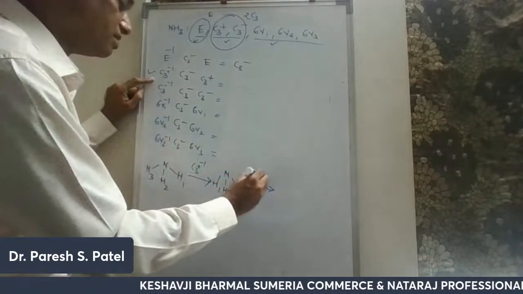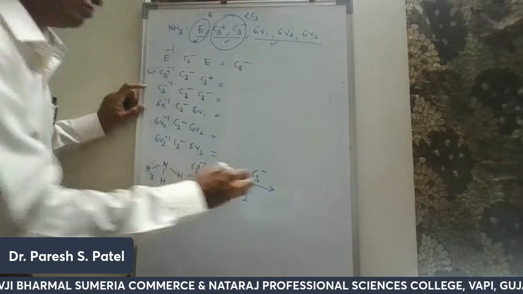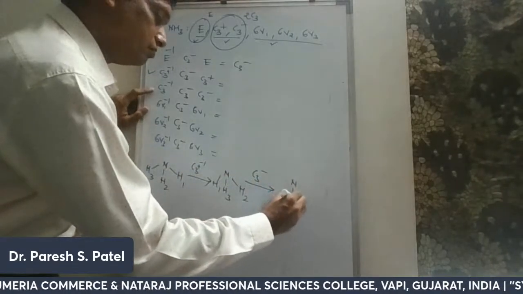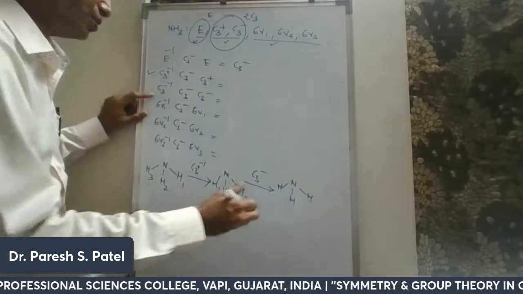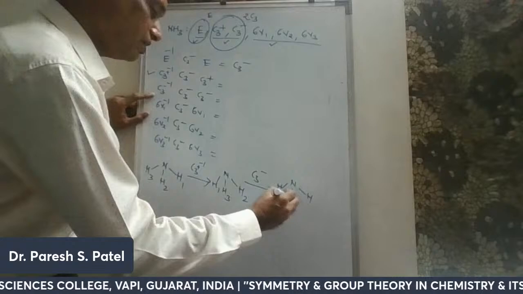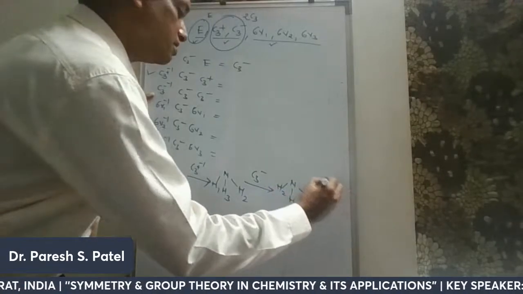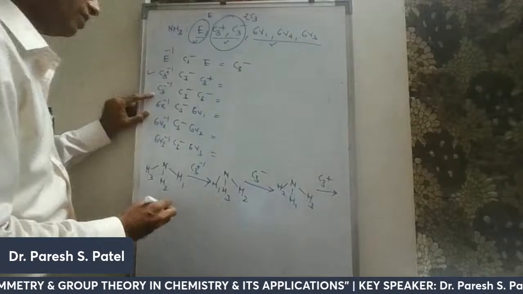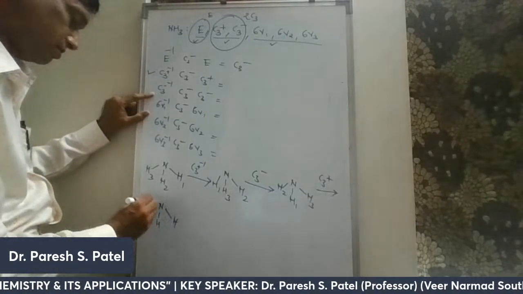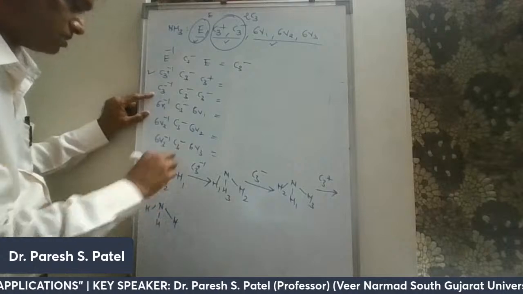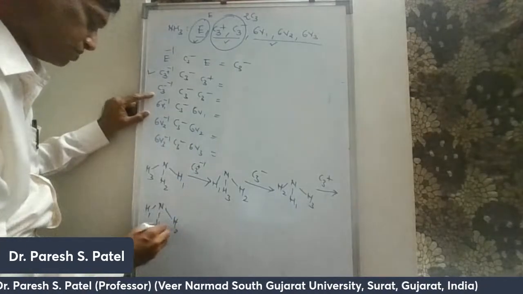Again, C3 minus. Again, one time anti-clockwise rotation. 1, 2, and 3. Again, C3 plus. C3 plus means 1, 2, and 3.